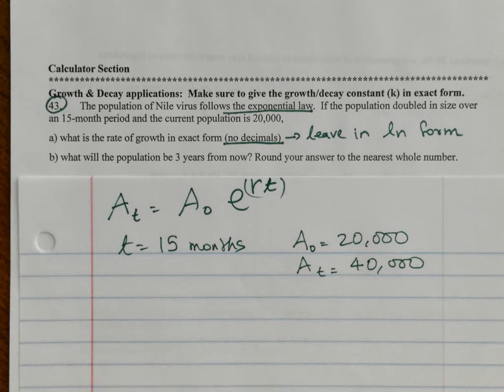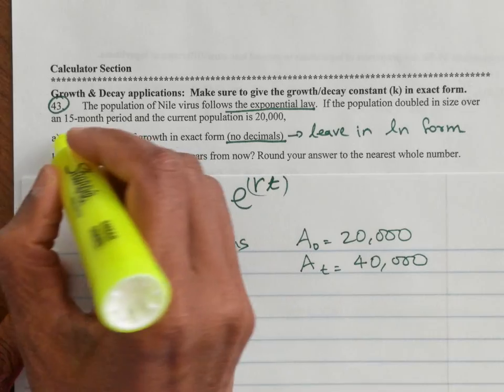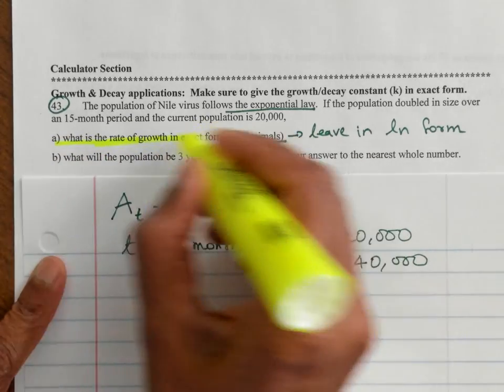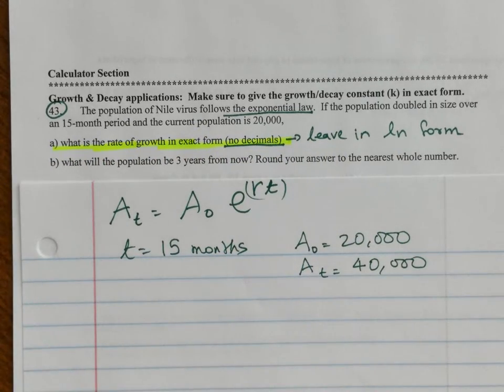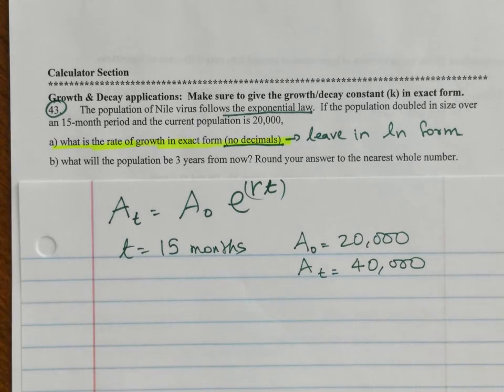They're asking two questions, because that is how you calculate. The first question is calculate the rate of growth. Even if they hadn't asked, I would have had to do it anyway, because for me to answer the question, what will the population be 3 years from now?